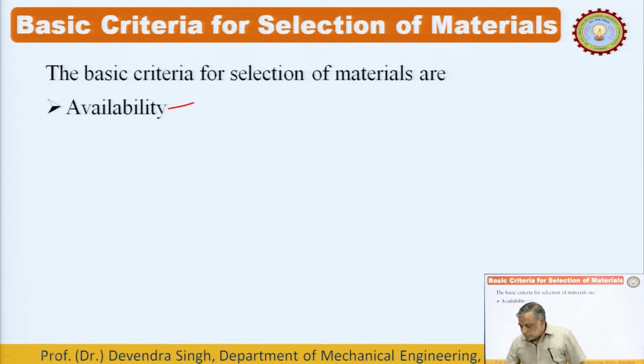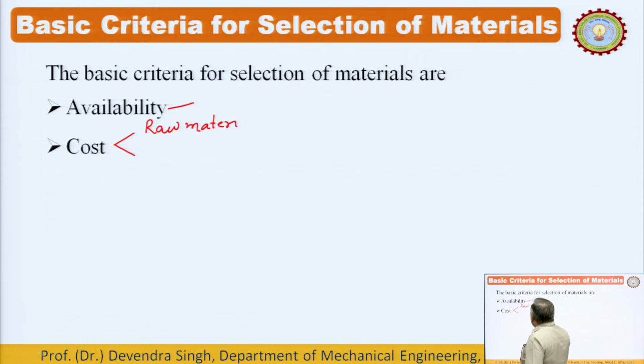The next point is the cost that we have discussed. We have tried to link it with availability. As far as cost is concerned, there are a number of costs you can think of. First of all, material is required, so the raw material cost.